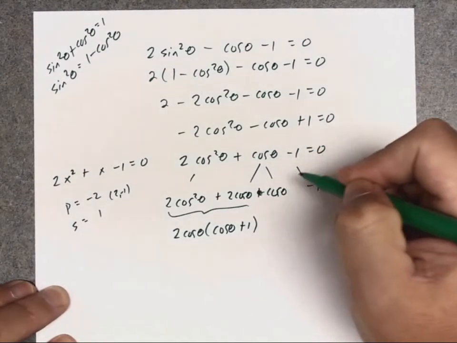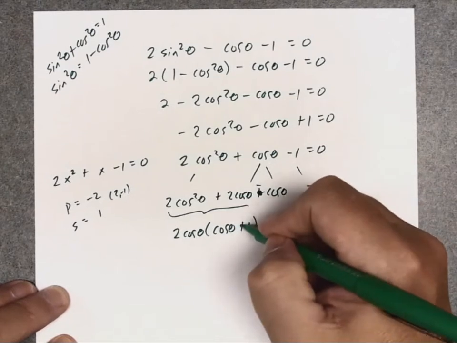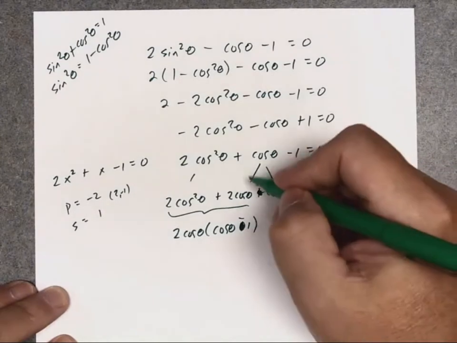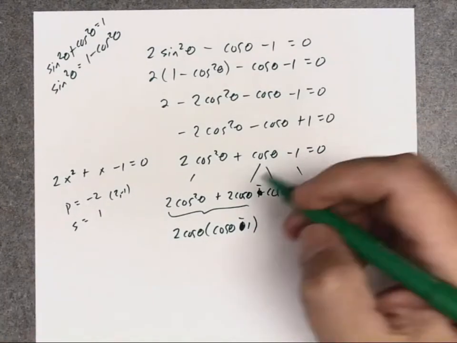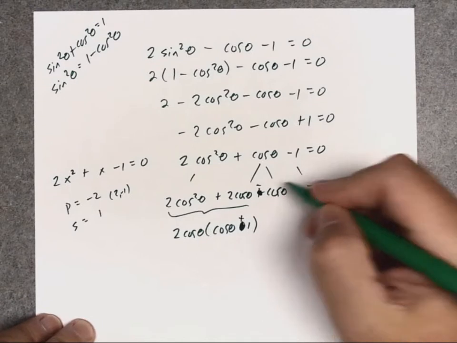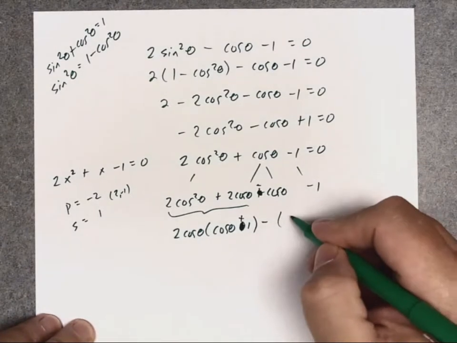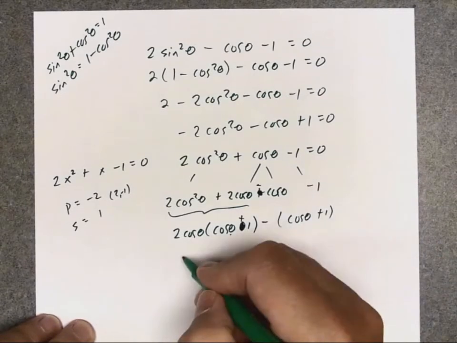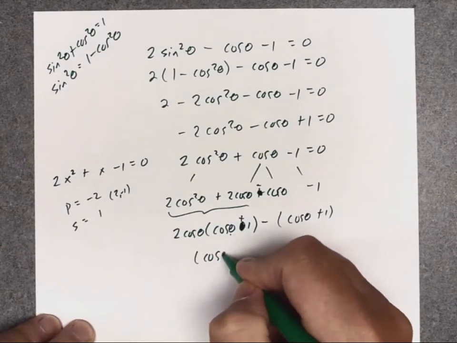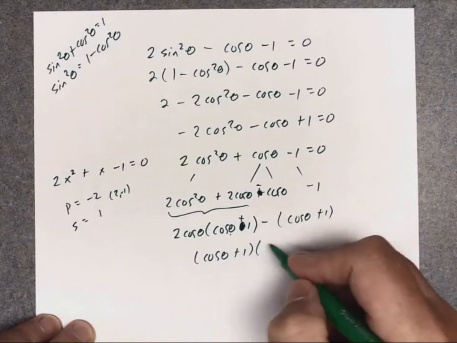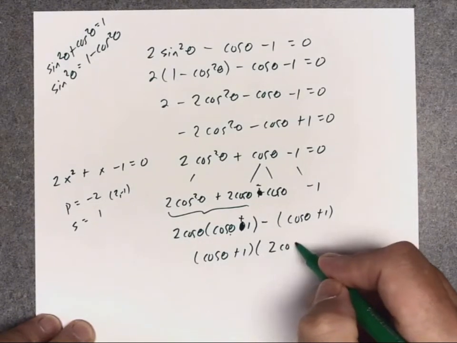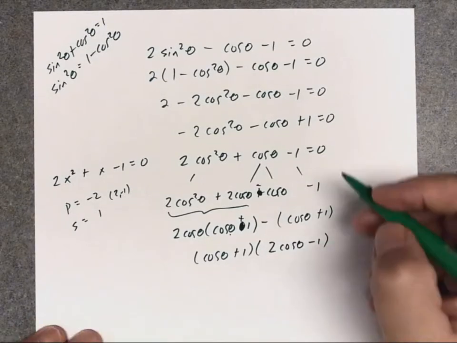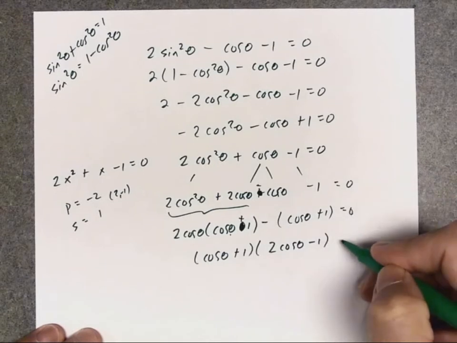Sorry. I'm realizing I got a problem here. That's because this should be minus cosine theta, so it's -1. This is plus. That should be negative. So therefore, what I have left here is cosine theta plus 1. Then I have identical parentheses. So this is all just factoring. So this is all equal to 0.